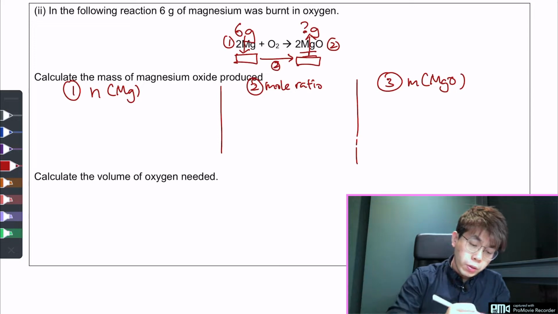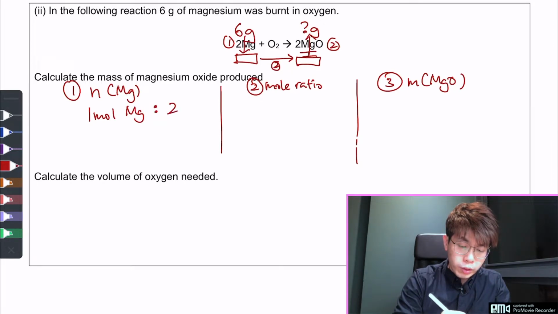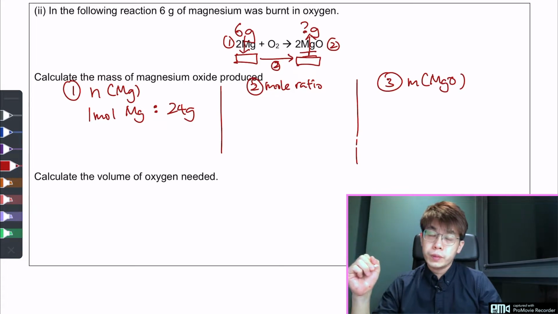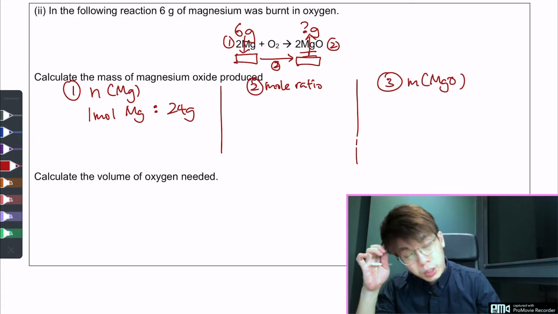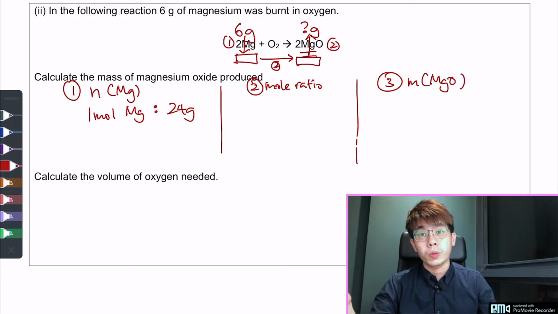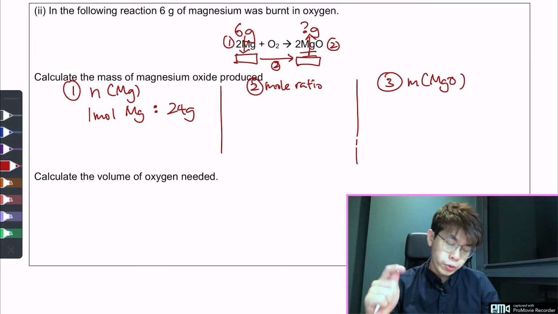So 24 for Mg means that 1 mole of Mg is equivalent to 24 grams. Whether there's a 2 in front of it, you don't care. You don't look at the coefficient until you're talking about mole ratio. So we are not concerned about the coefficient until the second step, the mole ratio step.